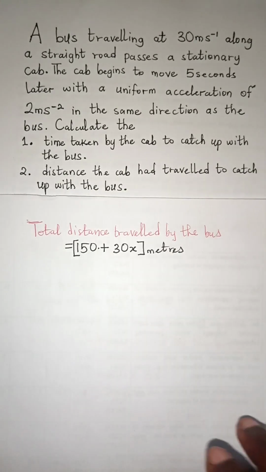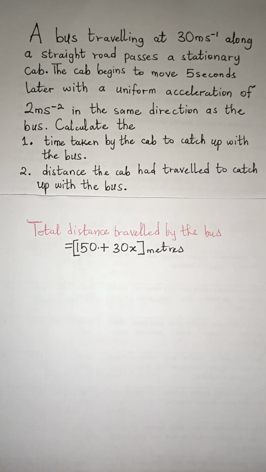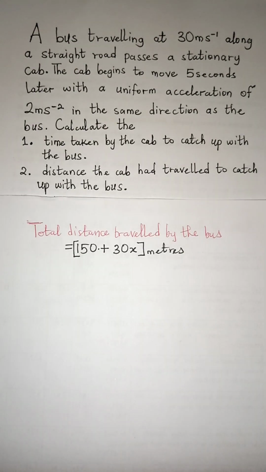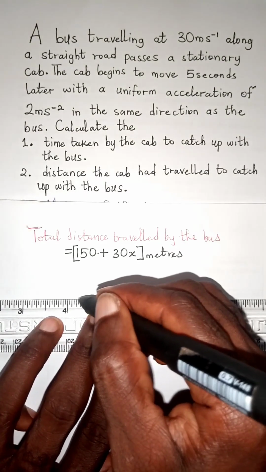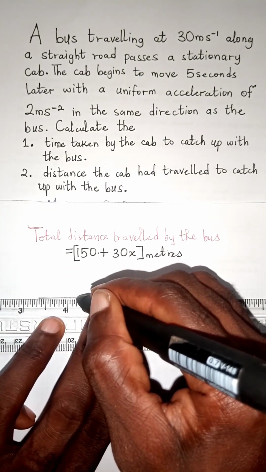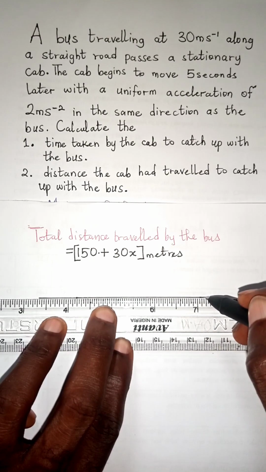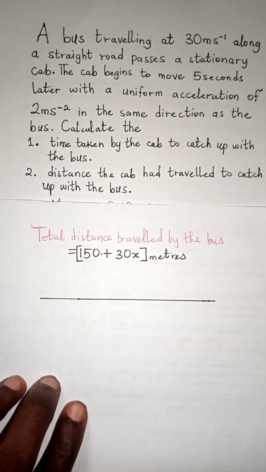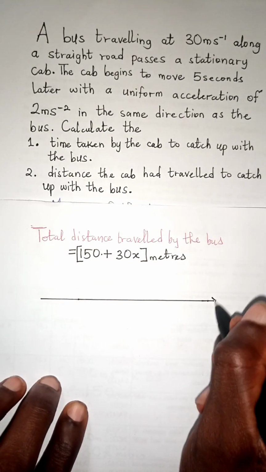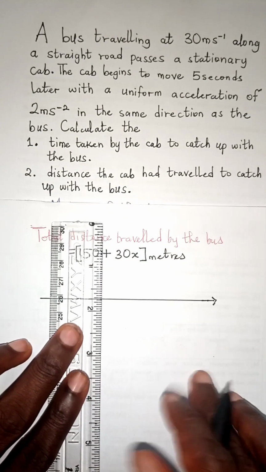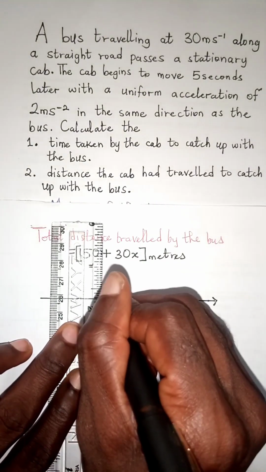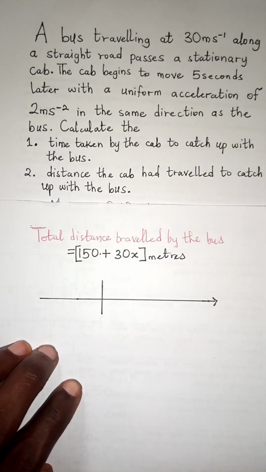Now, we can make an illustration of the motion of the bus. The illustration will be something that looks like this. This line for the total distance covered by the bus, then it's in two parts. So let's make this portion to be the first part of the journey, while the other one is the second part.